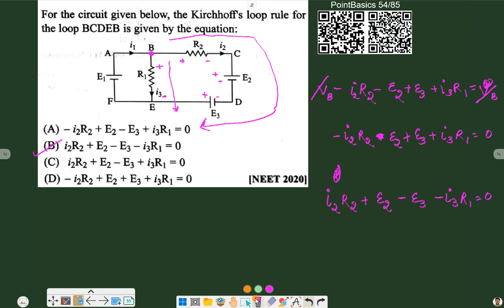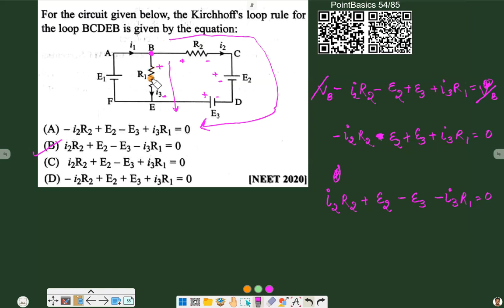It does not matter what the direction of current is, and there can be multiple currents flowing in a single circuit. But what we assume is that in a branch, or in one wire, here we have B to E, a wire with a resistance R1 connected inside it.